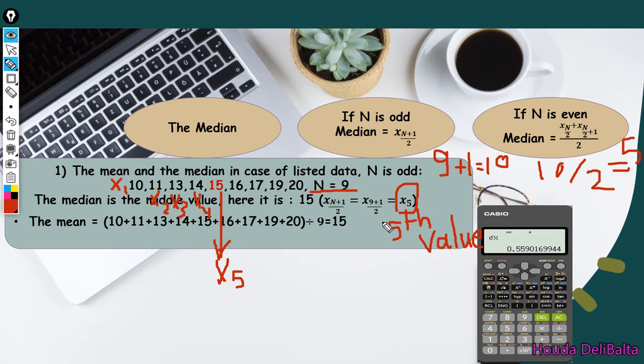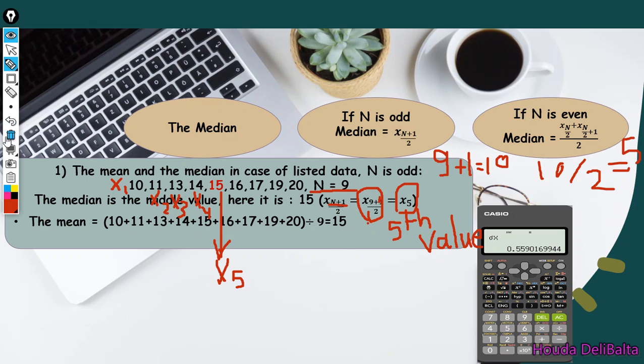So applying the rule, all I did is add 1 to the total that's odd, then divide it by 2. 9 plus 1 becomes 10, and divided by 2 it becomes 5. That means I'm going to take into consideration x of (9 plus 1) over 2, which is x5, which means the fifth value. So surely I'm going to start counting from here until I reach the fifth value, and this fifth value is called the median.